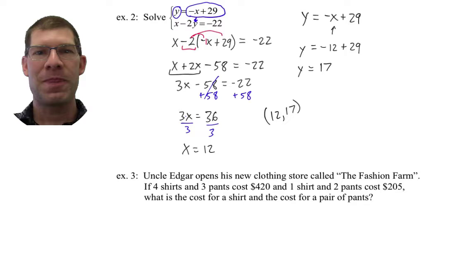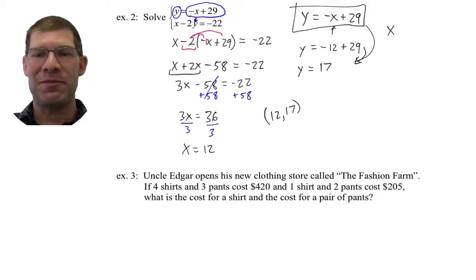But to get full credit, we're going to go and check our answer. So we know that this should work unless I made a mistake in this step, kind of really this step here. We know that it works in that line equation. So we want to try it in the other equation. So x minus 2y equals a negative 22. So my x was the 12. Minus 2 times 17. You don't need the parentheses, you could just do 2 times 17 there.